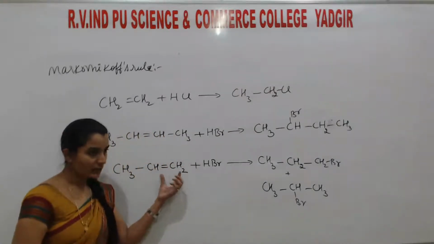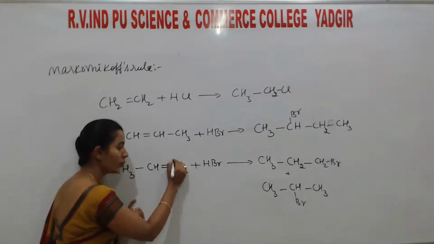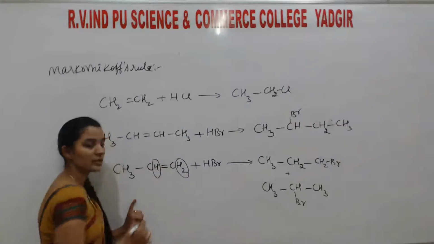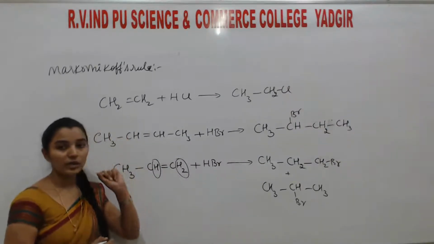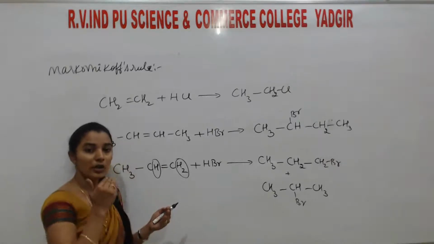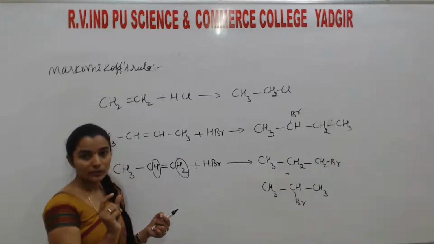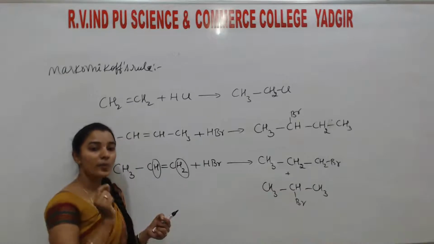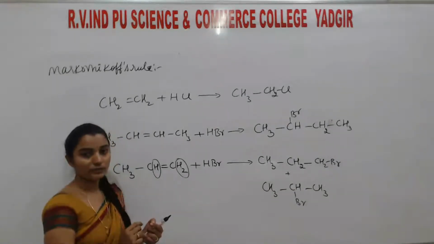So when this alkene is unsymmetrical, on either side of the double bond one carbon consists of more hydrogen atoms, and another one consists of fewer hydrogen atoms. So what does the Markovnikov rule tell about this? When an unsymmetrical reagent is added to an unsymmetrical alkene, the negative part of the reagent always bonds to the carbon having fewer hydrogens.